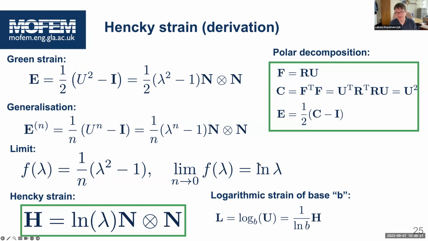I will get the logarithm of lambda in the limit, because that function in the limit is the natural logarithm of lambda. So I define how my Hencky strain looks. I can have a general logarithmic strain, but a general logarithmic strain with any base can be transformed into the Hencky strain with this simple formula. So the Hencky strain is a logarithmic strain with base e. This is how we call it.